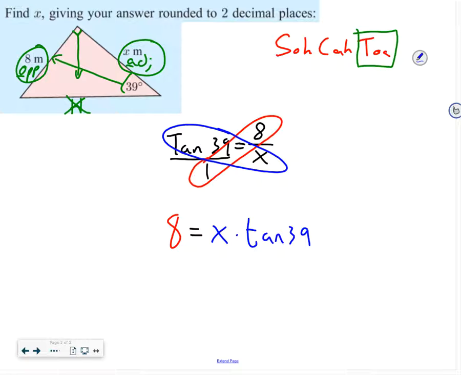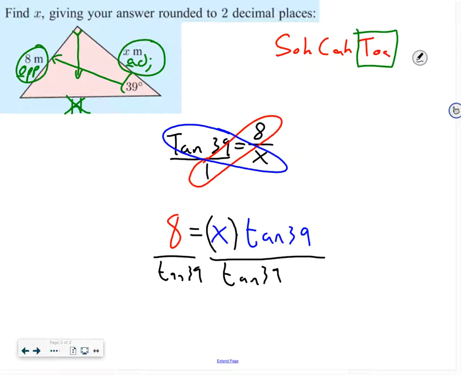So I'm not done. In the previous problem, we were done after just doing cross multiplication. I know I'm not done because my x is not quite by itself yet. It's being multiplied by tangent of 39, so to get x by itself, I just undo that multiplication. So I divide by tangent of 39, divide by tangent of 39.